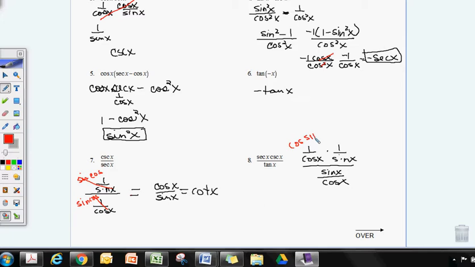So once on the top, because there's only one term, they're multiplied together, and once on the bottom. And the cosine here would cancel, the cosine here would cancel, here the sine would cancel, and I would be left with 1 over sine x, which is cosecant x.